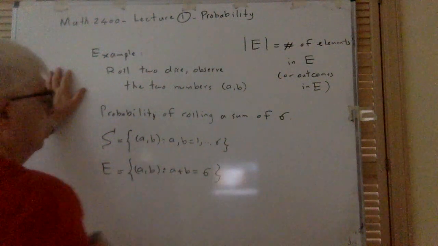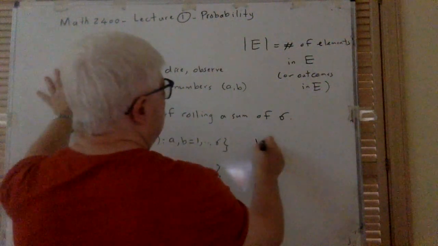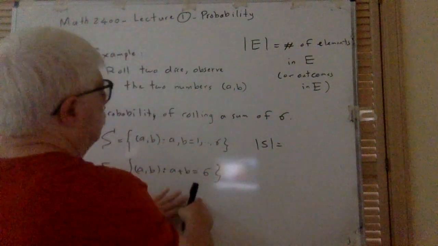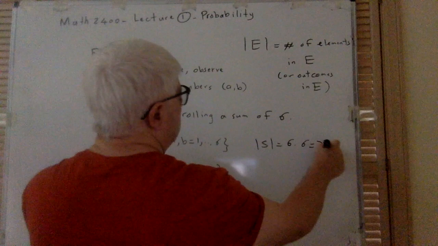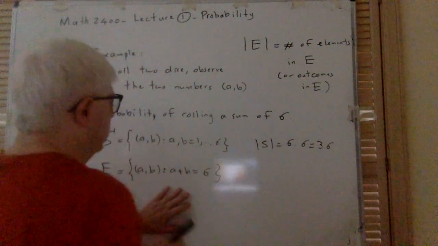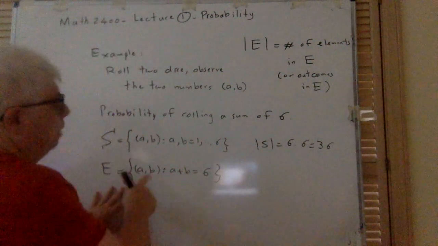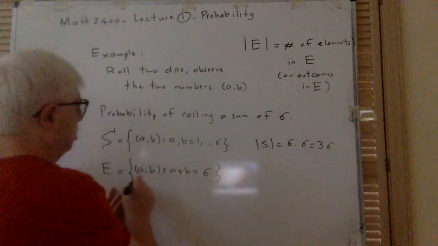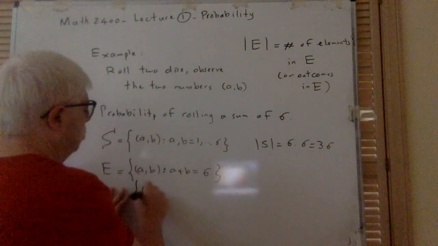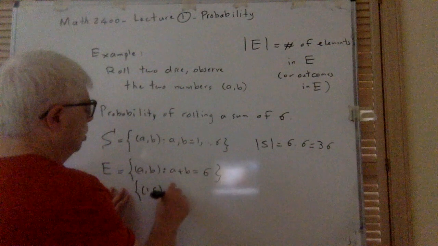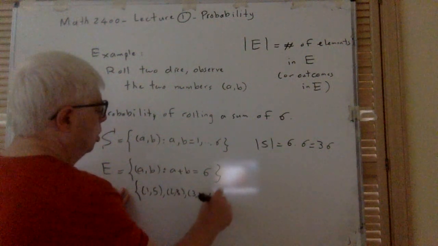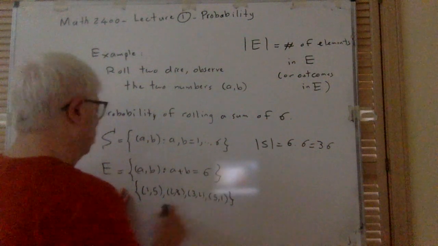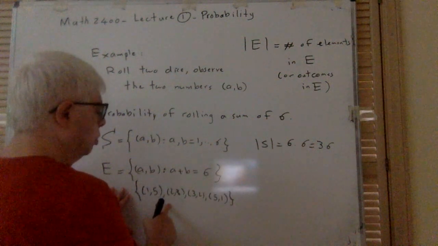Okay, so let's find the number of elements in S. That is from 1 to 6, that is 6 times 6, 36. This one, A plus B is 6, so well, let's count. So this can be 1, 5, 2, 3, 3, 2, 5, 1. Oh, I forgot one thing.